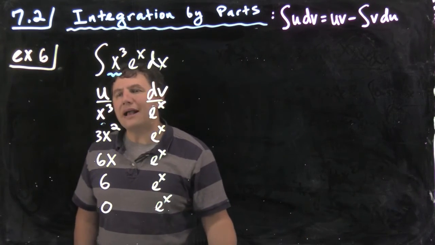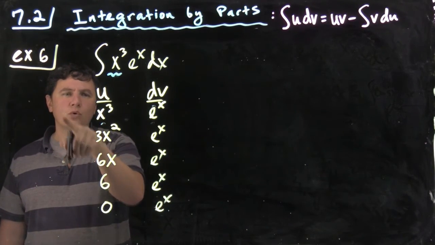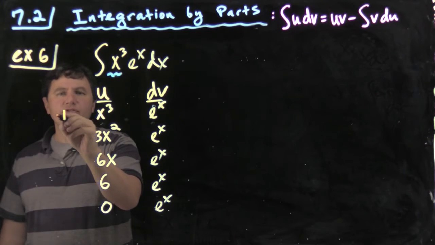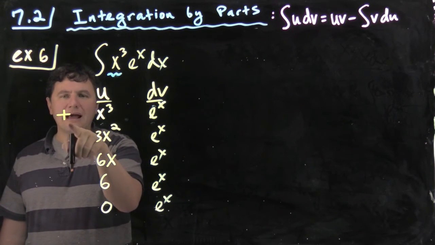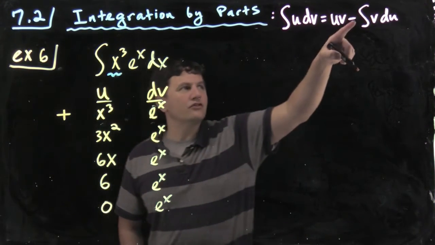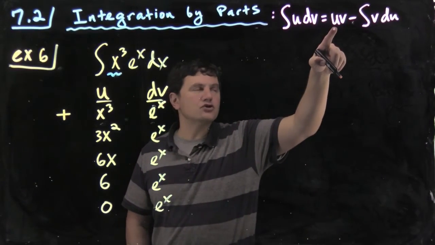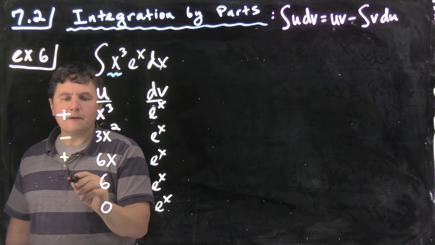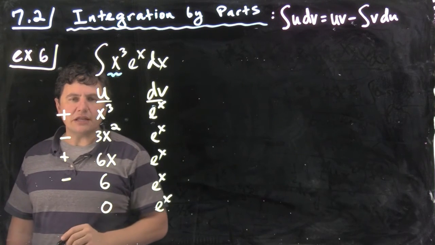Okay, now the last thing is, on this side, we're going to keep track of what the value is, either positive or negative. So the first thing will be positive, and the reason why this switches is because of the subtraction here. So the first term is going to end up being positive, the next term is going to be minus, plus, minus. We actually don't need the last one.